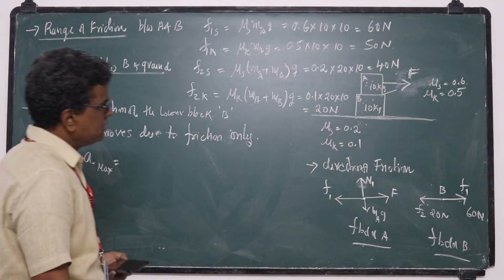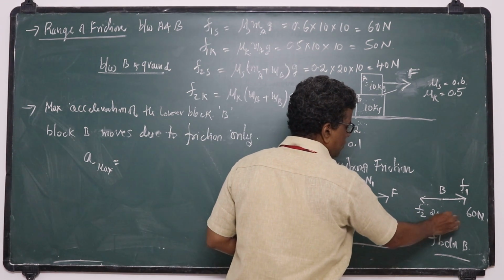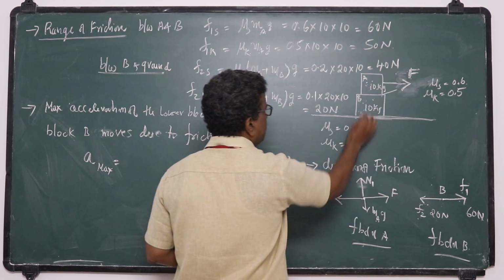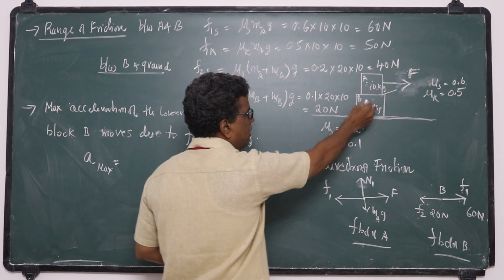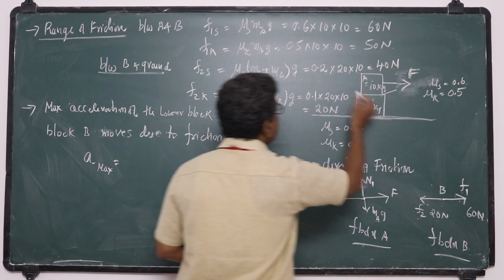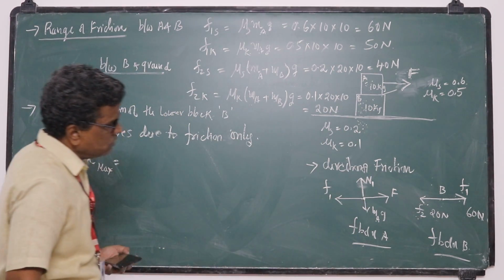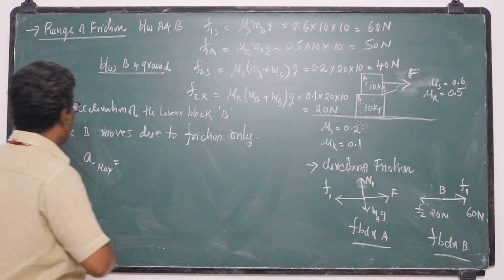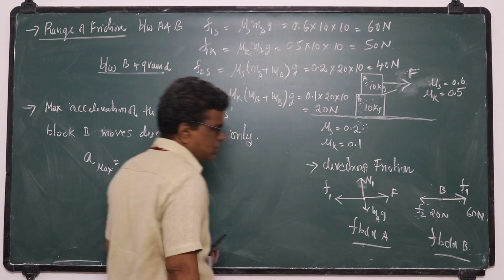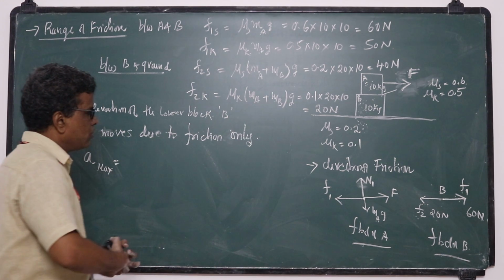Once the block moves, kinetic frictional force exists between the ground and these two. Once block B starts along with A, the maximum force is 60 newtons, and the kinetic friction of 20 opposes it. The resultant force is 60 minus 20, 40. 40 by mass 10 becomes 4.